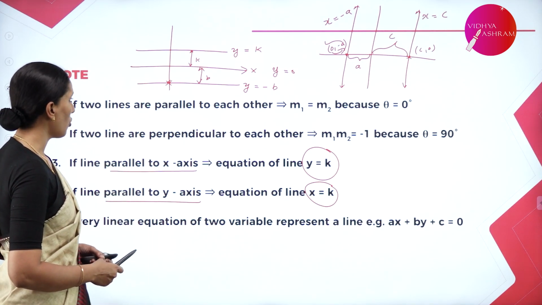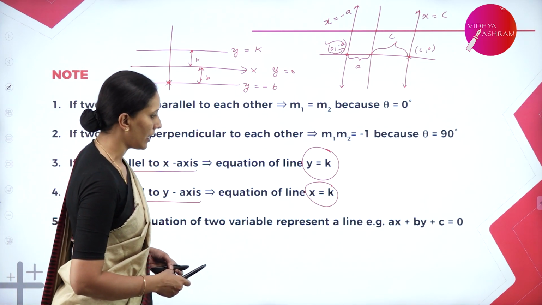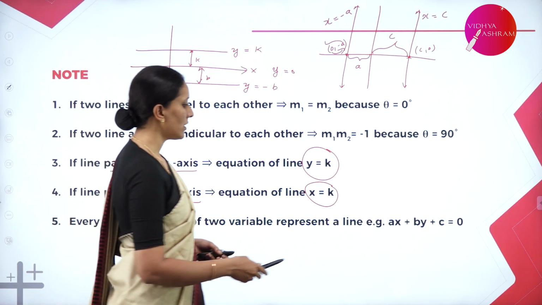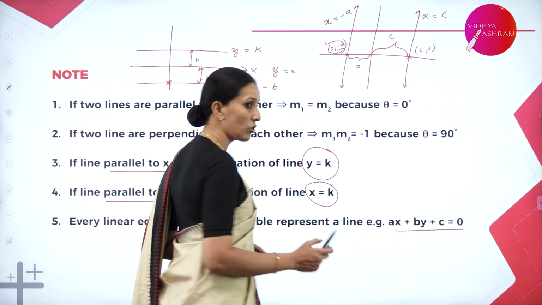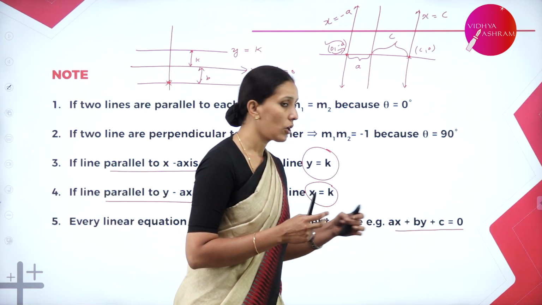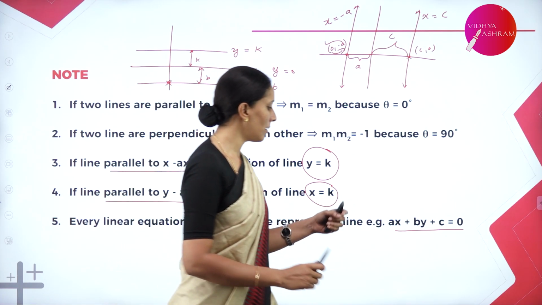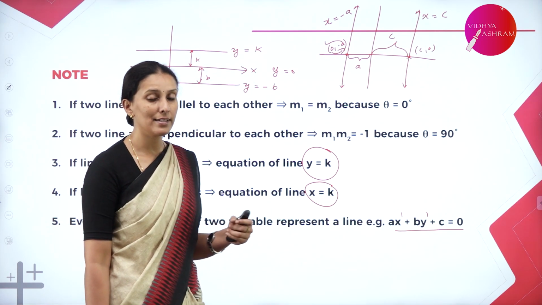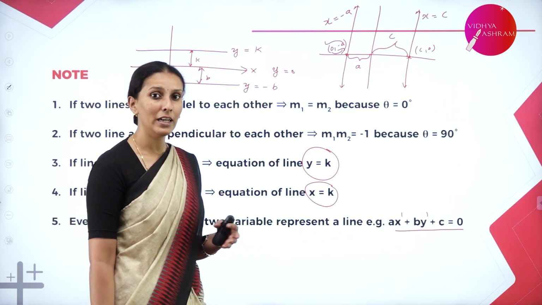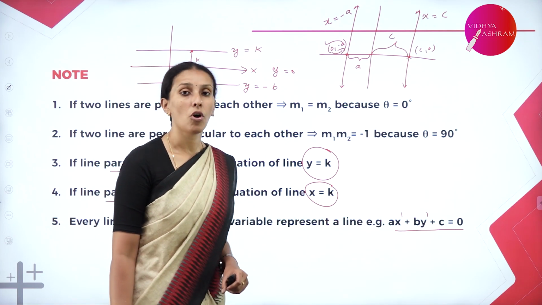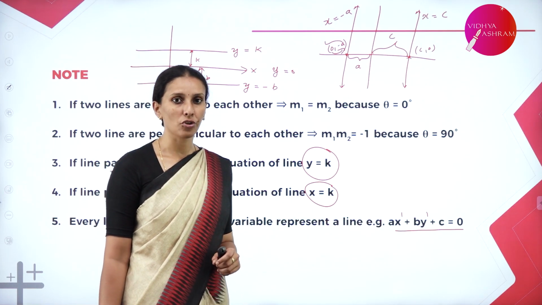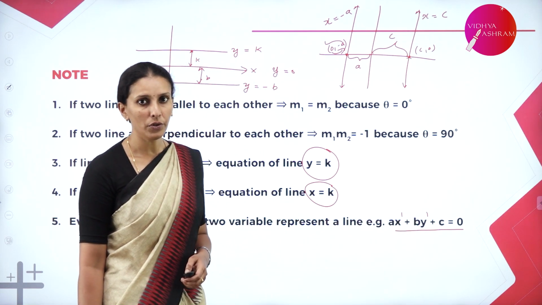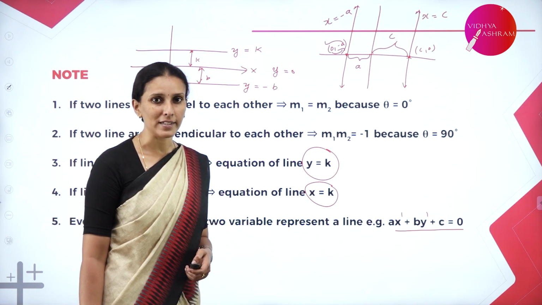Every linear equation in two variables represents a line. Example, ax plus by plus c is equal to 0. This is the general form of a linear equation with two variables, that is x and y. What do we mean by linear? Linear is nothing but the power of the variable being equal to 1. Then only we call it a linear polynomial or linear equation. So this equation always represents the equation of a straight line provided a and b are non-zero constants.